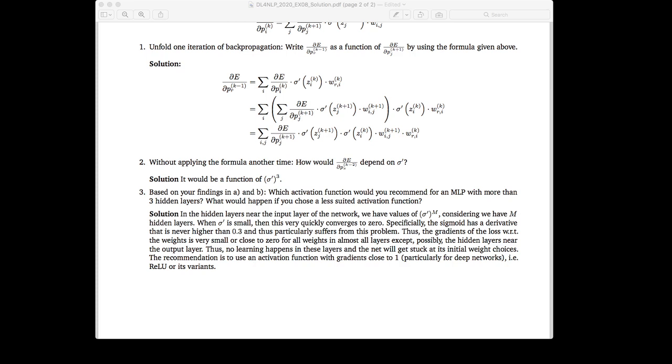So we call this the vanishing gradient problem, because without any prominent gradient signals, the models cannot be updated.